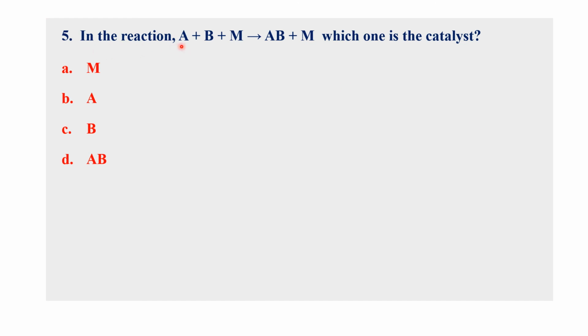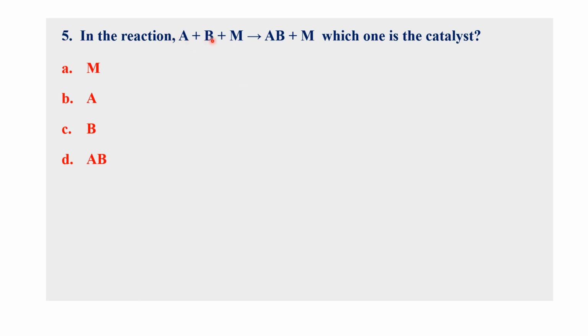In a reaction, A plus B plus M will result in AB plus M. Which one of the following is catalyst? M, A, B, AB. Now we know that the catalyst is that substance that speeds up the chemical reaction, but itself is not participating in a chemical reaction, and it will be recovered at the end of a reaction.